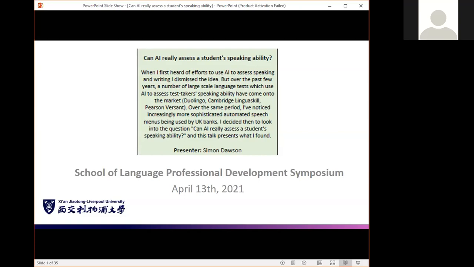So I revisited this idea, and over the last couple of weeks I've been reading around what the most up-to-date systems are in automated scoring of speech and writing, but I'm going to focus on speech in this presentation.